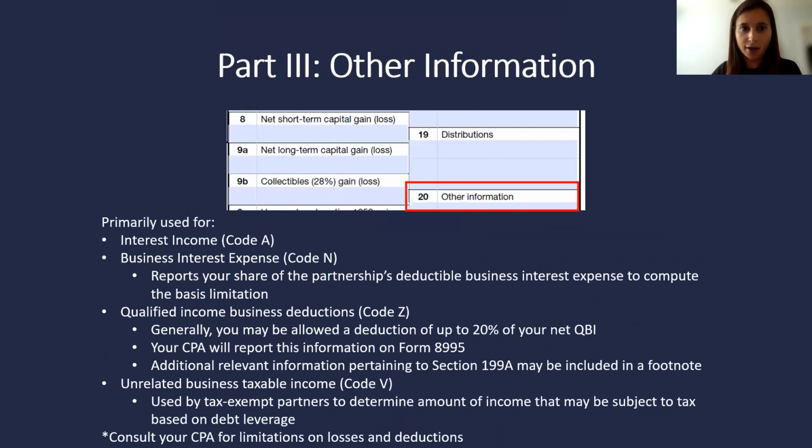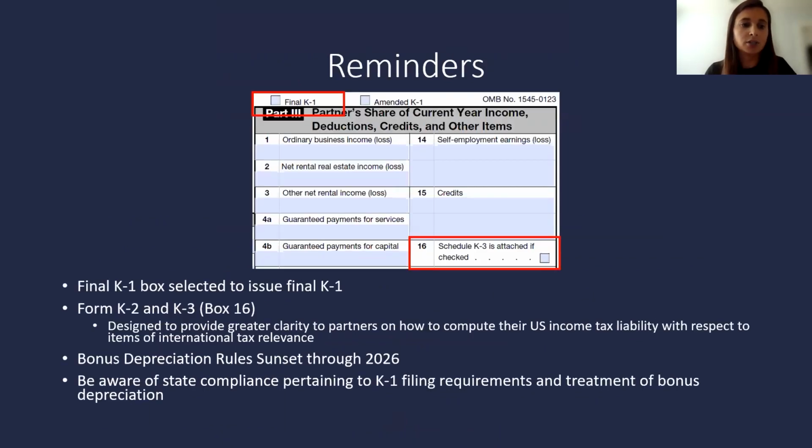So now we're going to go back to the reminder section. Just something to note, at the very top right section of your Schedule K-1, there are 2 check boxes. One says Final K-1. That is to be used typically in the year that you're redeeming or liquidating from the partnership, and it will be used to denote that this is your last and final K-1 issued to you for this partnership.